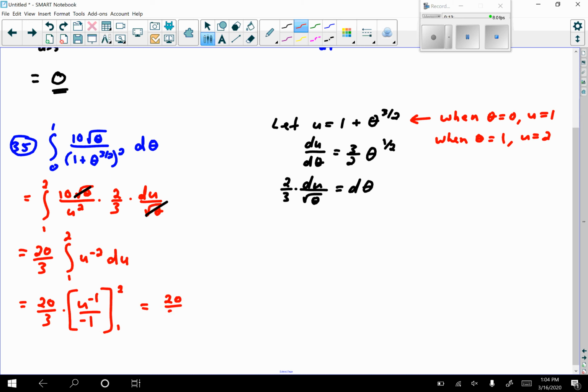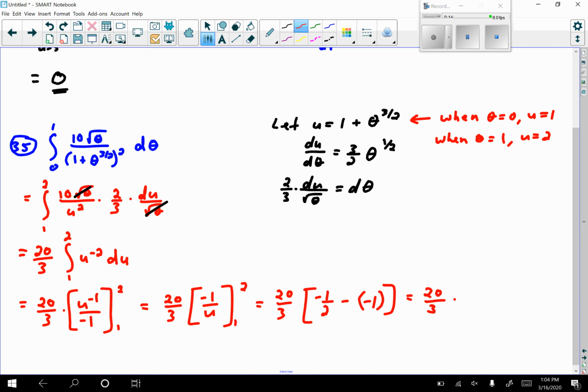So we're going to have 20/3, and just to rewrite this, -1 over u from 1 to 2. So we get 20/3 times a -1/2 minus a -1. So this is really just 1/2. So we get 20/3 times 1/2, which is 10/3.